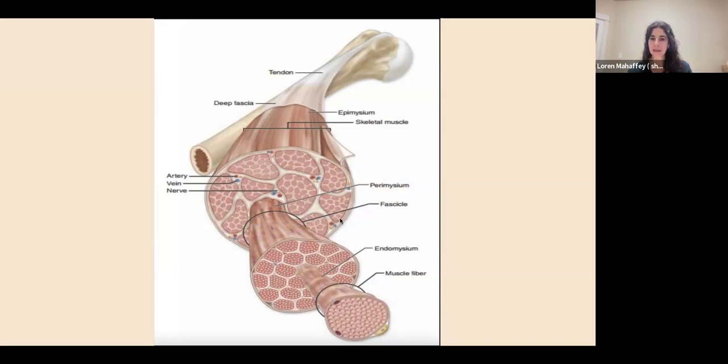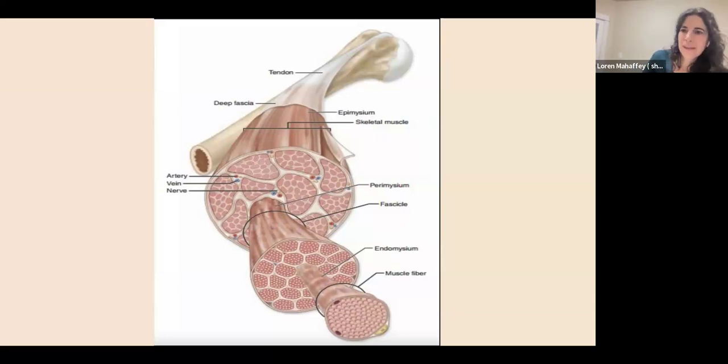So here is the entire organ of the muscle, and it is surrounded by the epimysium, the most outer layer, like we looked at in that picture just before. The epimysium becomes continuous with the deep fascia, which then becomes continuous with the tendon of the muscle that attaches it to the bone.